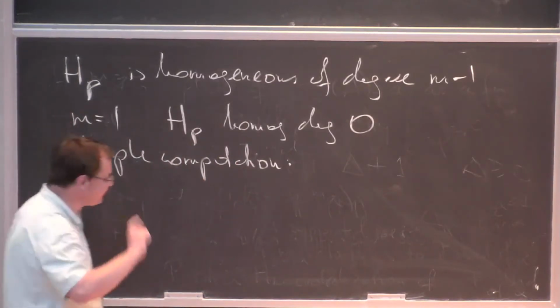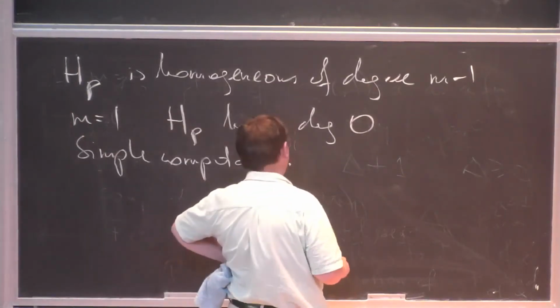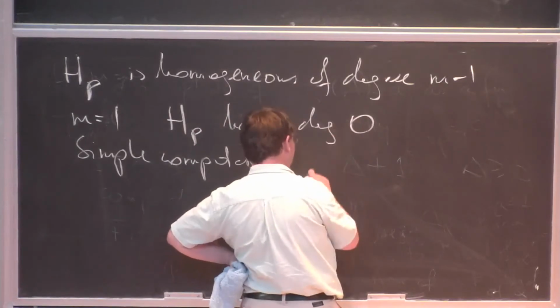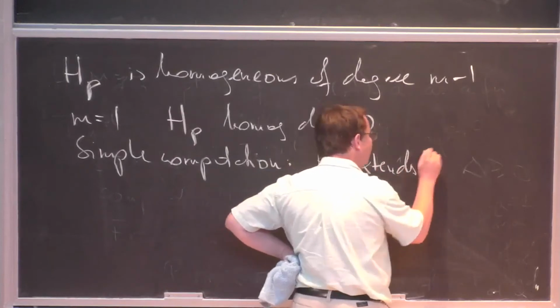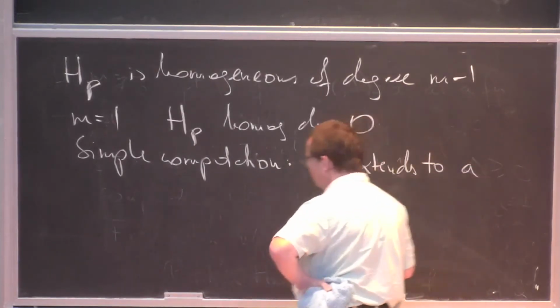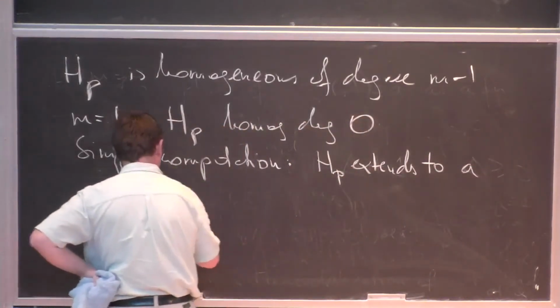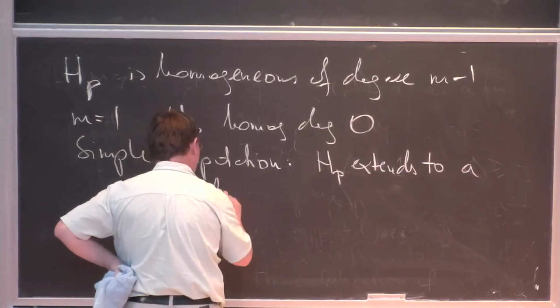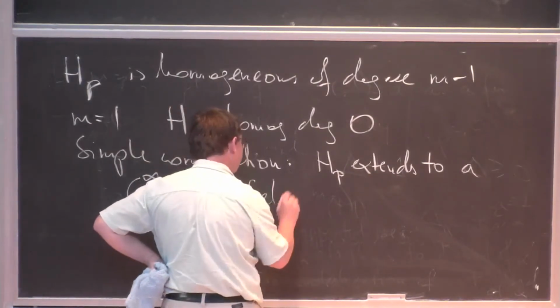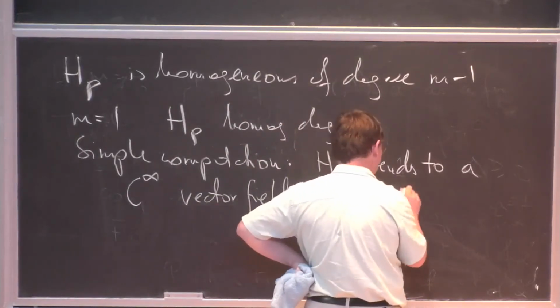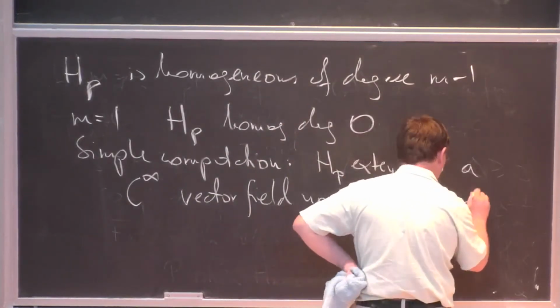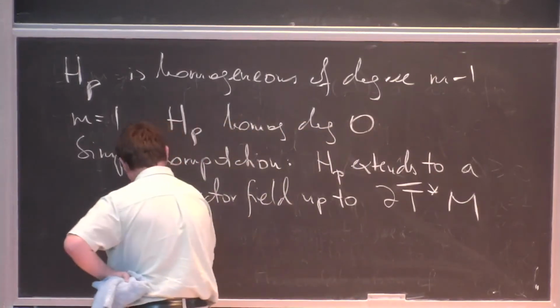A simple computation is that H_P, in this case, extends to a smooth vector field up to, so up to means including, right? So up to the boundary of this, which is in fact tangent to it.